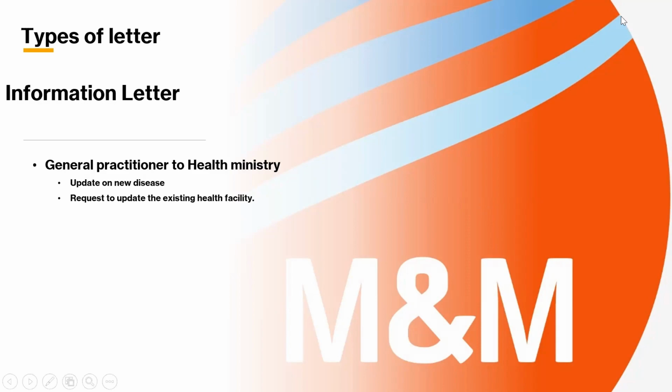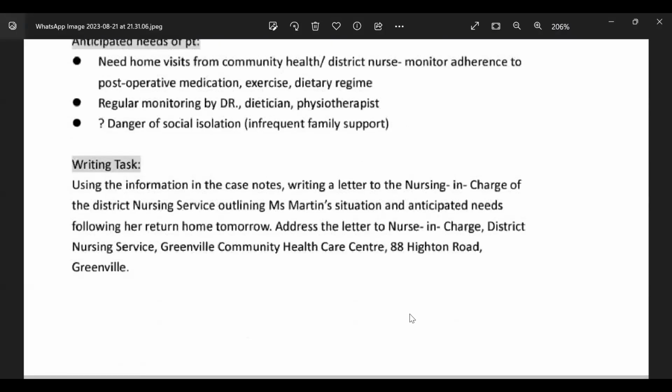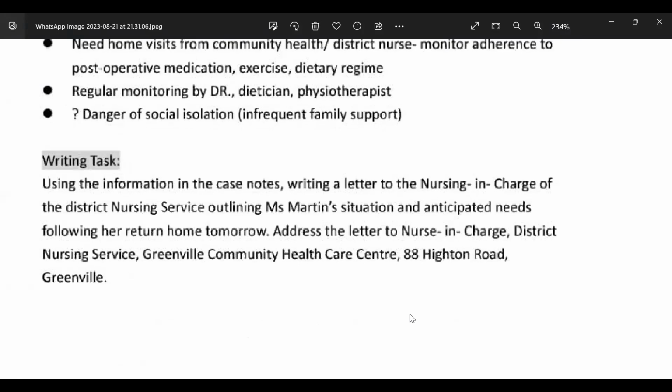At this point, if you have any question, as we discuss with you, whenever we have the writing task, you should go to the bottommost part. Here, in the writing task, it's written: using information in the case note, write a letter to the nurse in charge of the district nursing service outlining Mrs. Martin's situation and anticipated needs following her return home tomorrow.